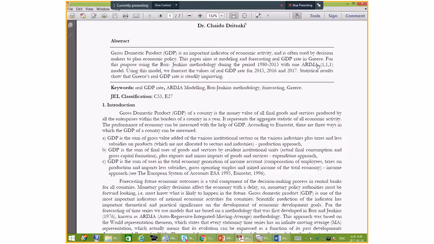The first one means AR, autoregression. The middle one means the number of integrations, and the last one shows MA, moving average.